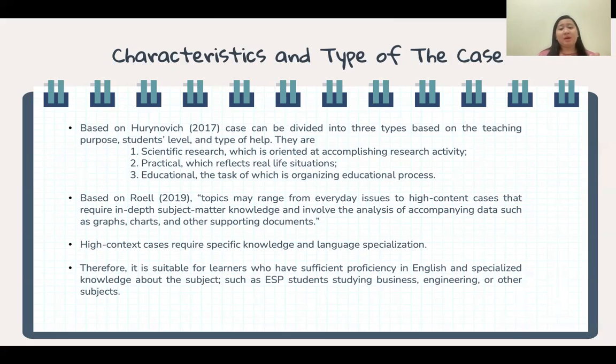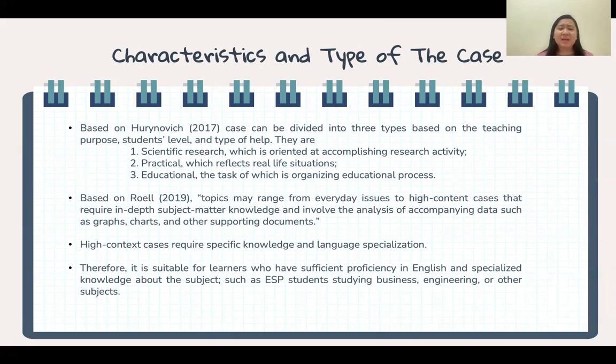Based on Rule 2019, topics may range from everyday issues to high content cases that require in-depth subject matter knowledge and involve the analysis of accompanying data such as graphs, charts, and other supporting documents.